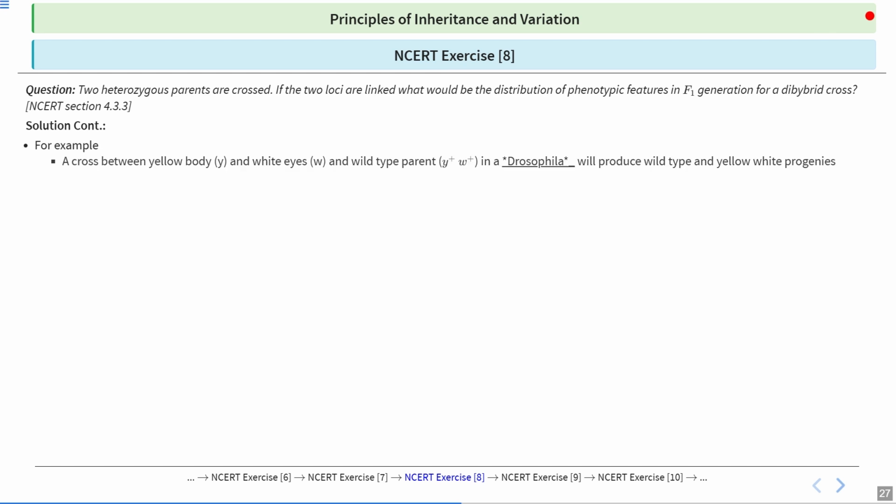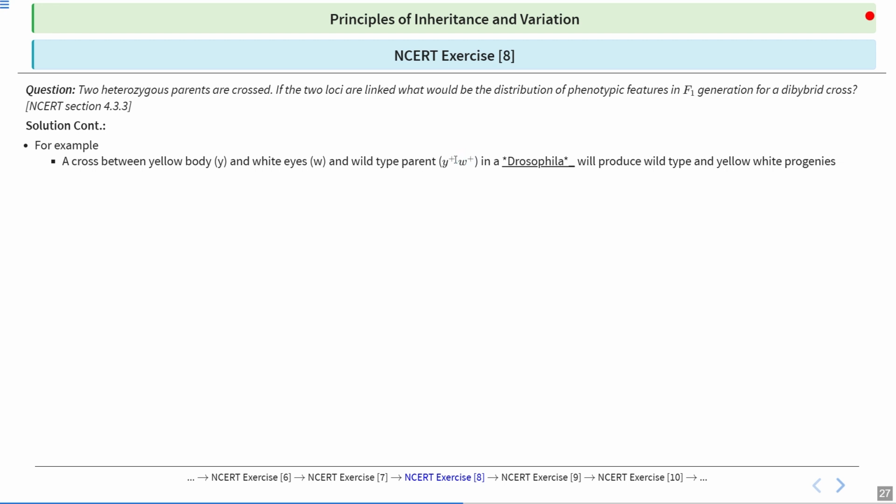Okay, let's have a look at the example. There is a cross between yellow-bodied and white-eyed Drosophila with wild-type parents. For yellow body, you have the y gene. For white eye, you have the w gene. So you are crossing this Drosophila with wild-type Drosophila, where the genes are represented by y plus and w plus.